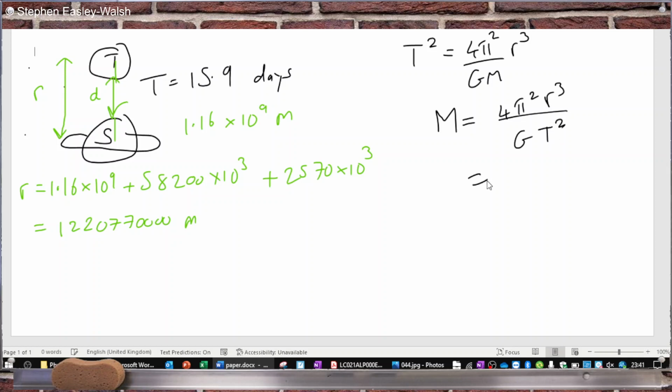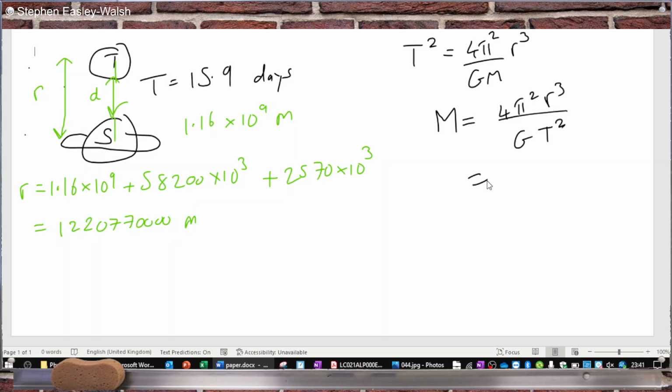Alright, let's take out the calculator. 4 times pi squared times my radius, or the R I should say, cubed over G, which I think is 6.67 times 10 to the power of minus 11, multiplied by the time squared.